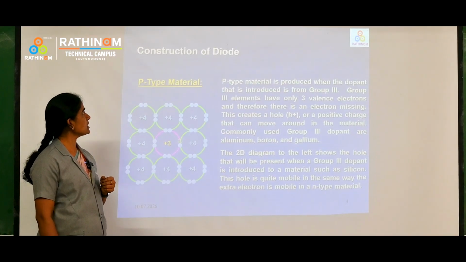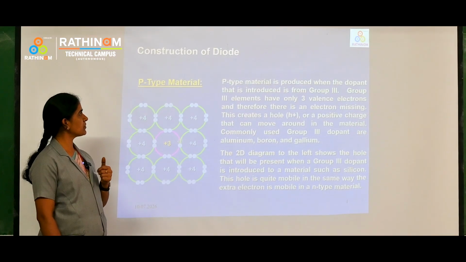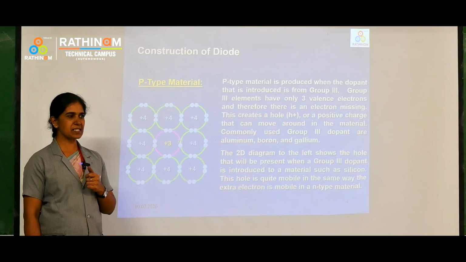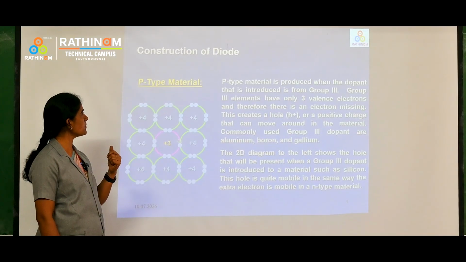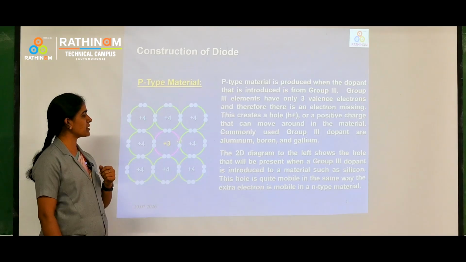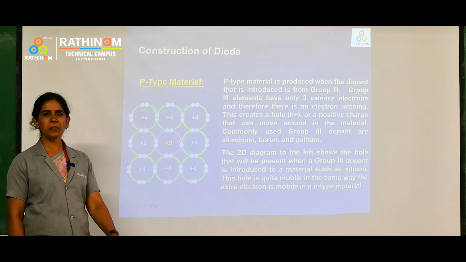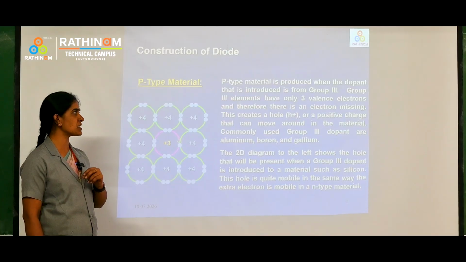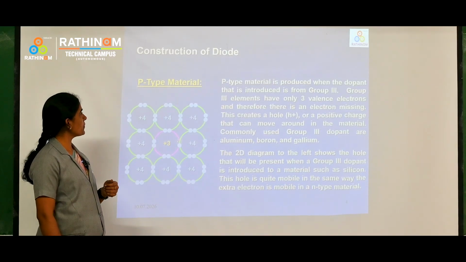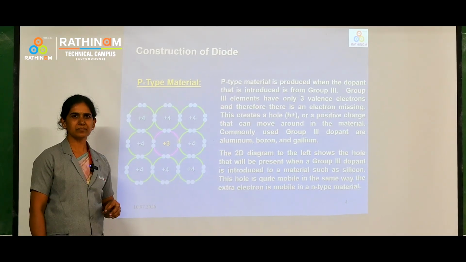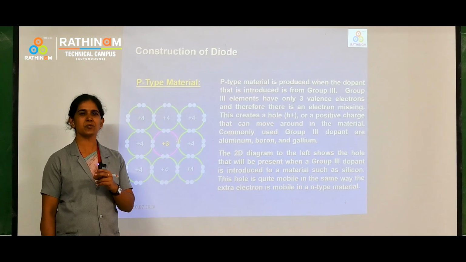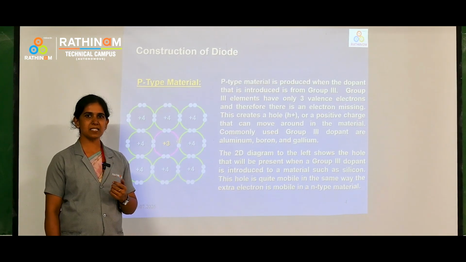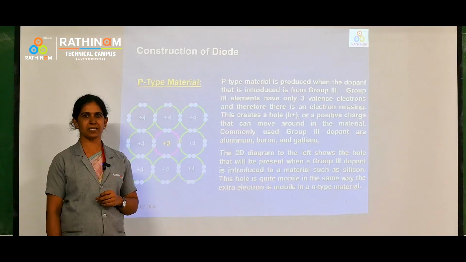So the construction of a diode. Before entering into the construction of a diode, we need to know what doping is and how p-type and n-type materials are formed. Doping is nothing but adding impurities to the semiconductor material. Usually a semiconductor has 2 different forms, intrinsic semiconductor and extrinsic semiconductor.